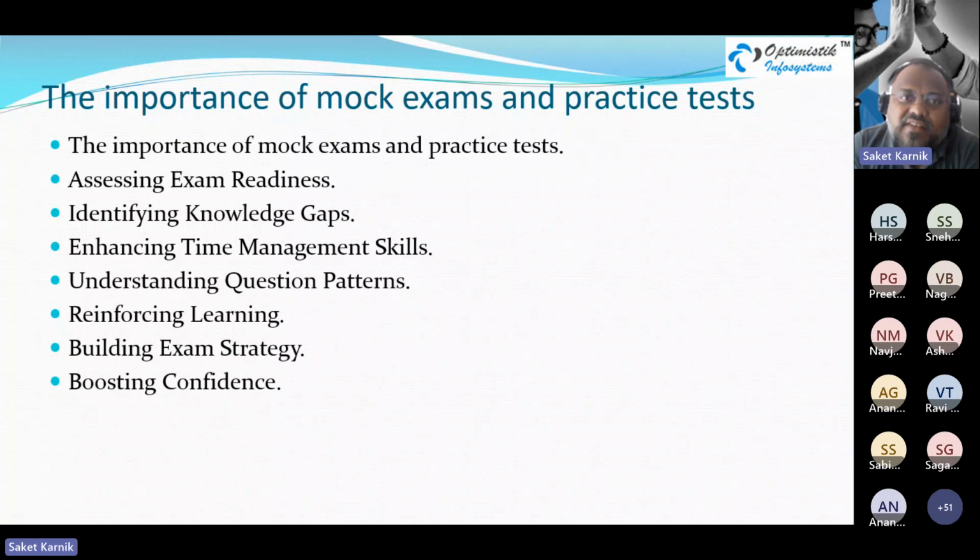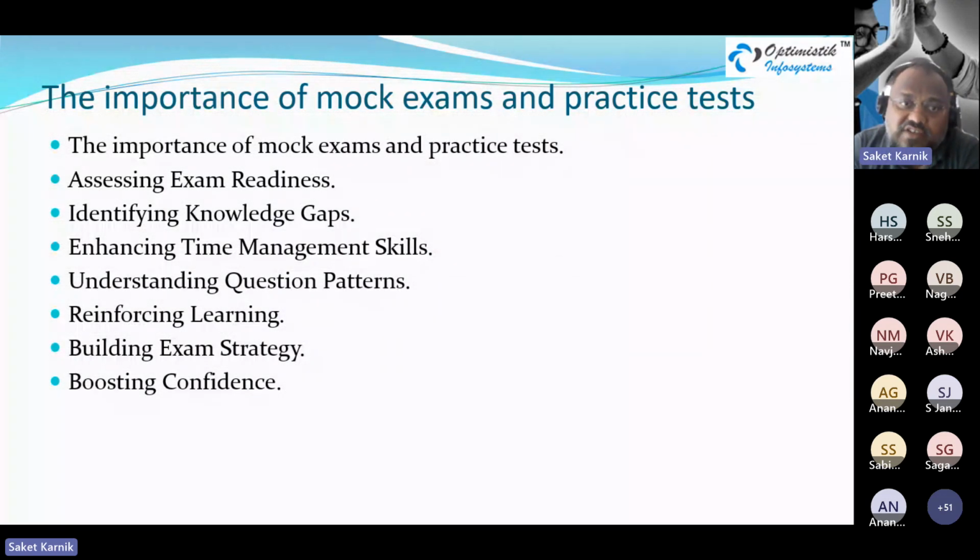So better is to go with mock exams and practice tests, which allow you to assess your exam readiness and identify knowledge gaps. It also helps you enhance your time management skills and understand the question patterns, what kind of questions you can expect.